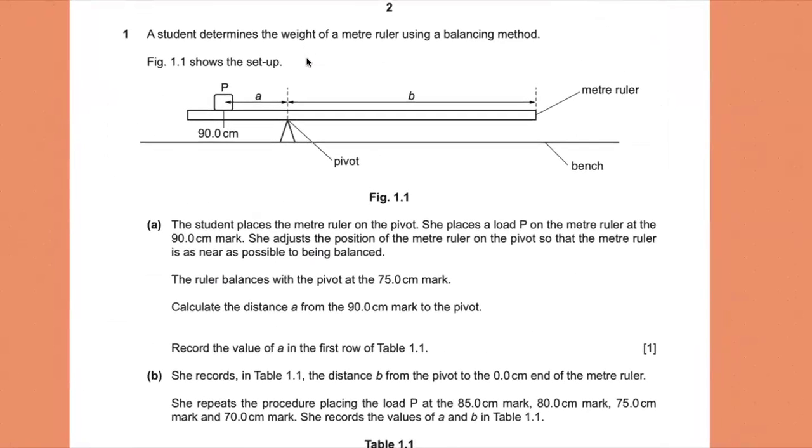If you remember, this paper is really similar to the one which came before. A student determines the weight of a meter rule using a balancing method. Figure 1.1 shows the setup. The student places the meter rule on the pivot. She places the load P on the meter ruler at the 90 cm mark.